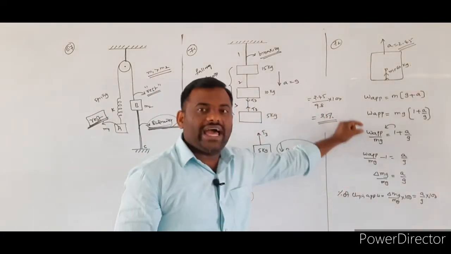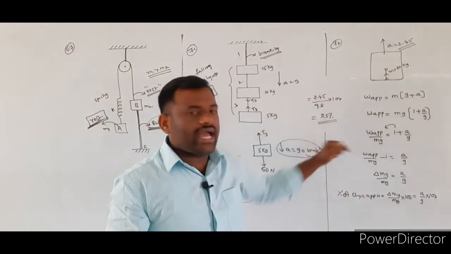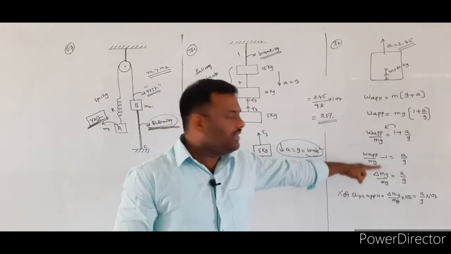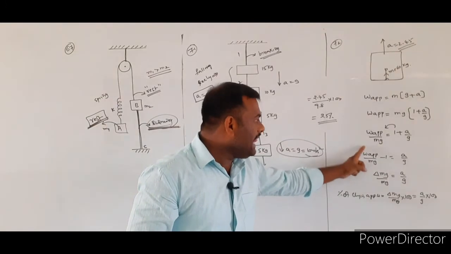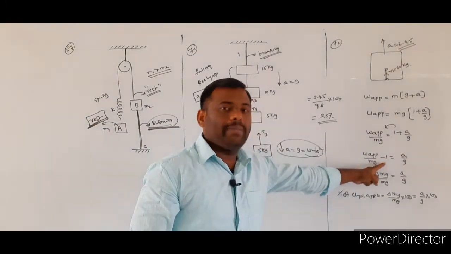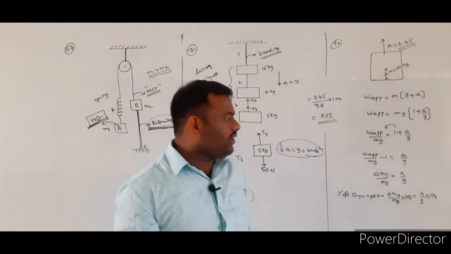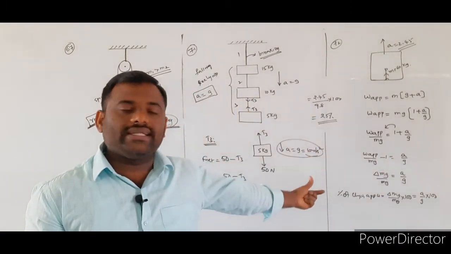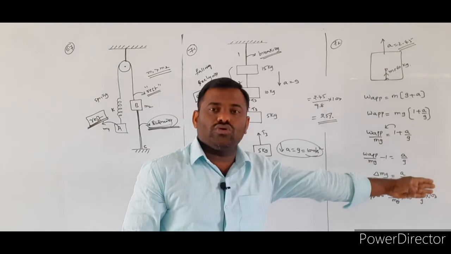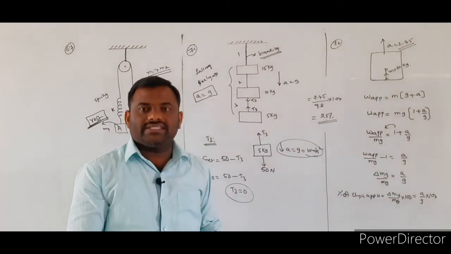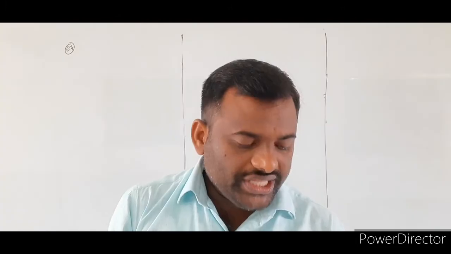Whenever you know the fraction value, for getting the percentage we have to subtract 1. W apparent by mg minus 1 is equal to delta mg by mg, which is equal to a by g. While taking the percentage, multiply by 100 on both sides. So the required answer is 25%.